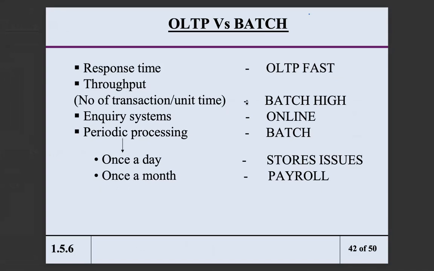For batch processing, throughput is high. Inquiry systems are the online ones, and periodic processing is batch. Periodic processing may be once a day or once a month.